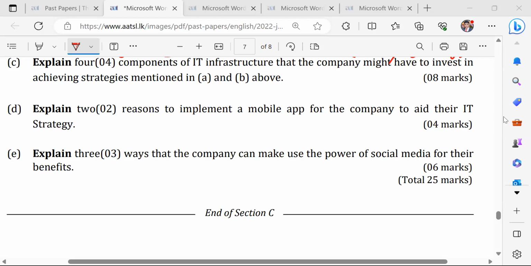Right, customer engagement. Then they can promote some promotions, right? Provide some discount codes, and that means they can engage the customer, right?